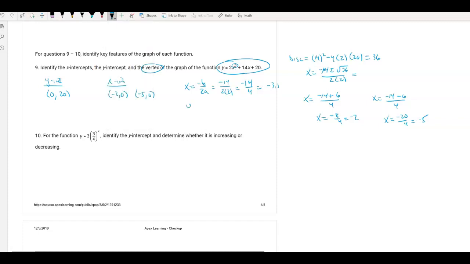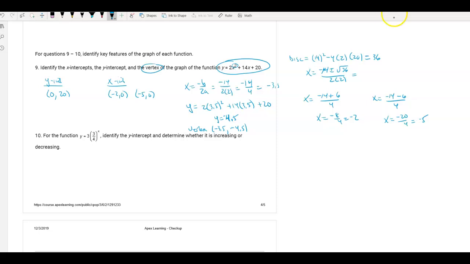The y value would be 2 times negative 3.5 squared plus 14 times negative 3.5 plus 20, which gives you a y value of negative 4.5, which means your vertex would be negative 3.5, negative 4.5.